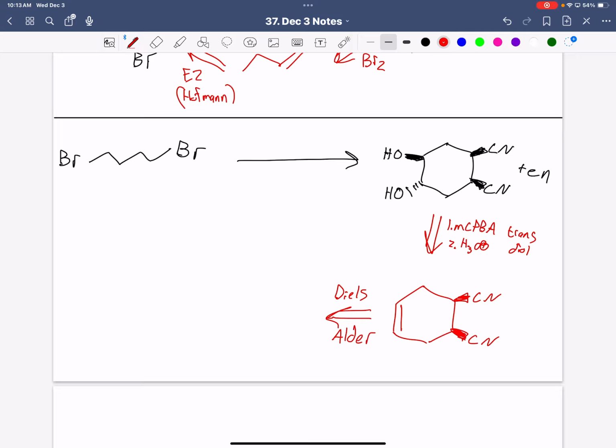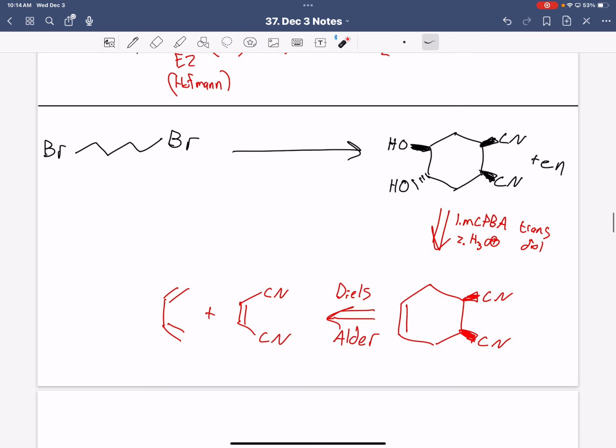So if I split that apart into what the 2 Diels-Alder components would look like, it'd be that. This is a 4-carbon thing that I'm just invoking as a reagent. How did I get this diene?